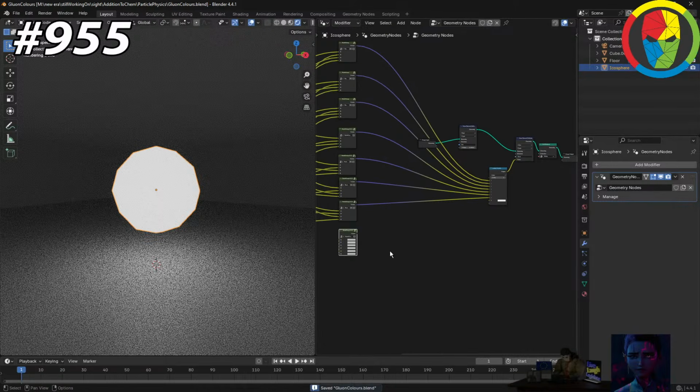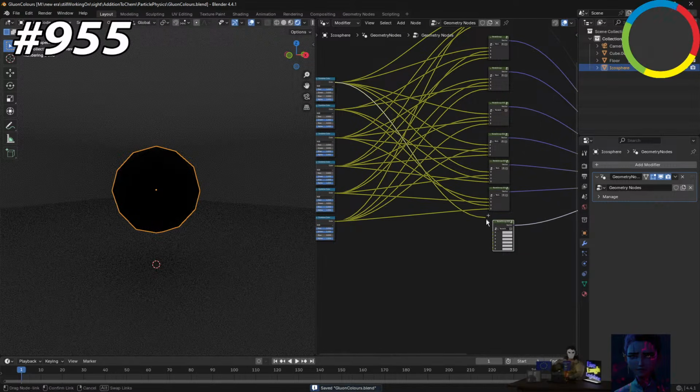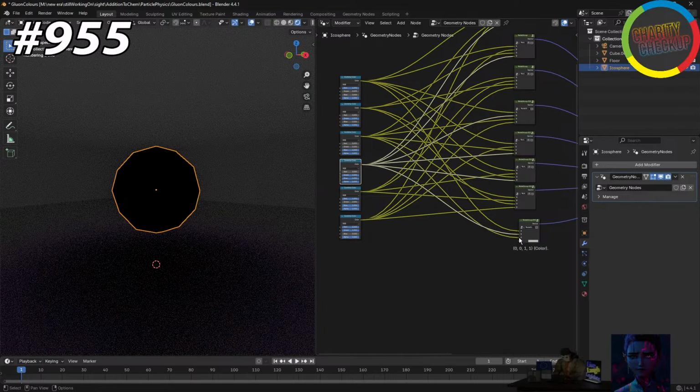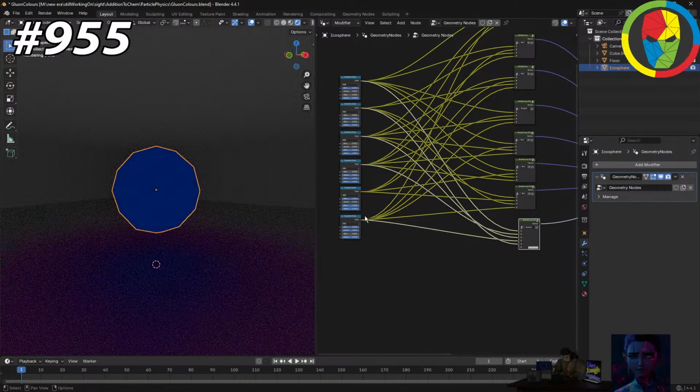Okay. There we go. This is our last color, which goes red, anti-red, blue, anti-blue, then green, anti-green.